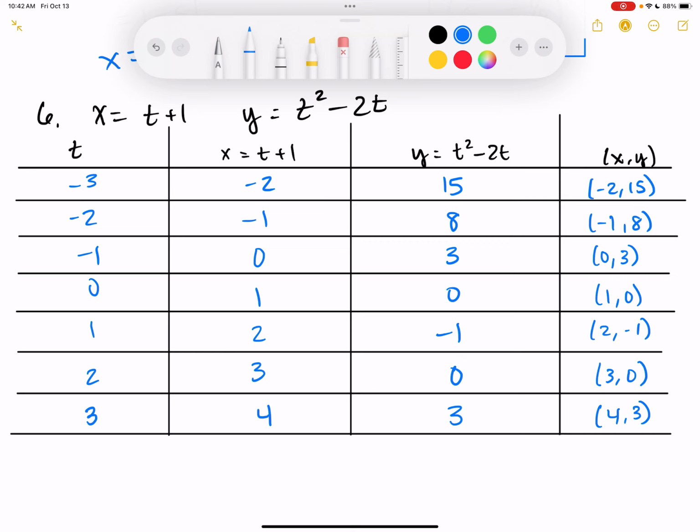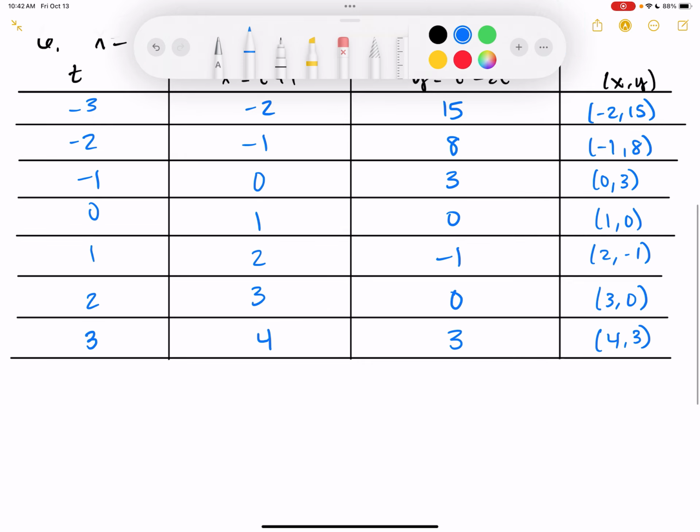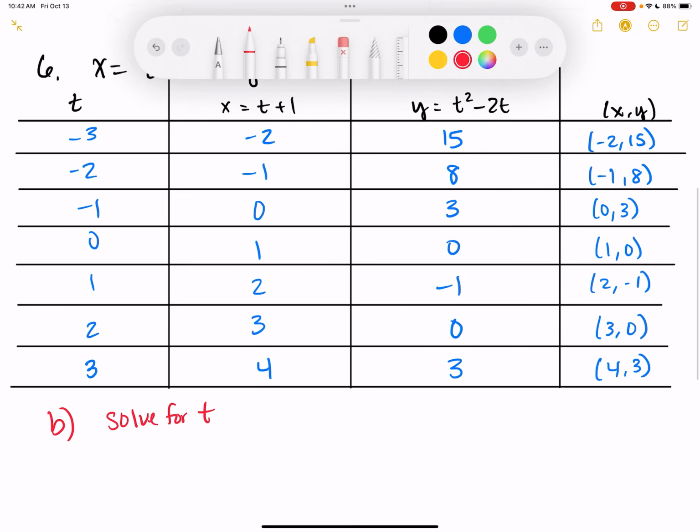Then part B says to find a direct algebraic relationship between x and y, and determine whether the parametric equations determine y as a function of x. So part B, this is where we're solving for t. We had x is equal to t plus 1, so that means t is going to be equal to x minus 1.